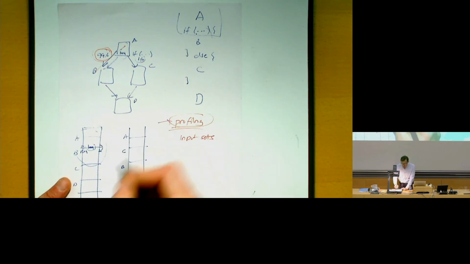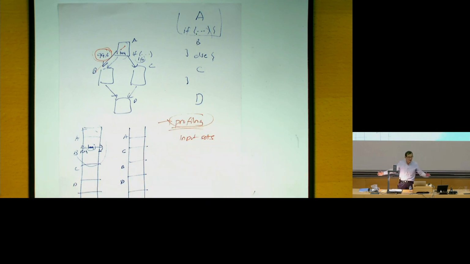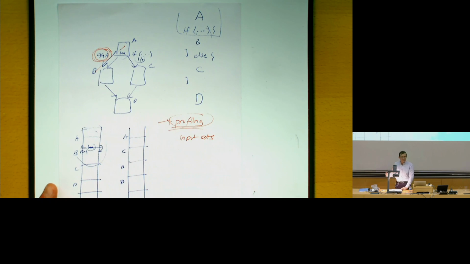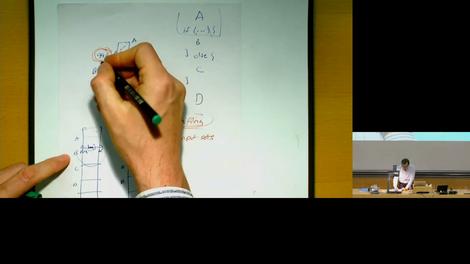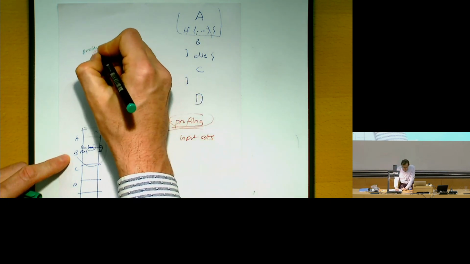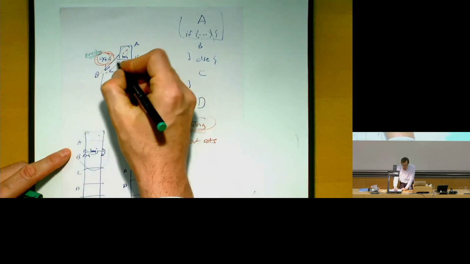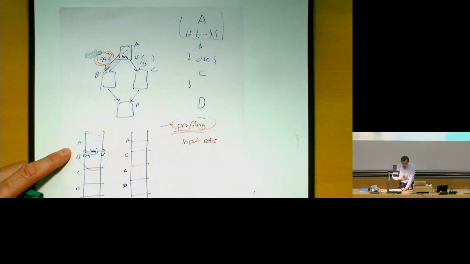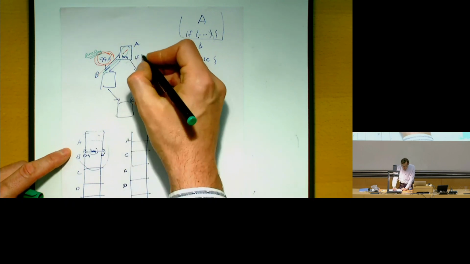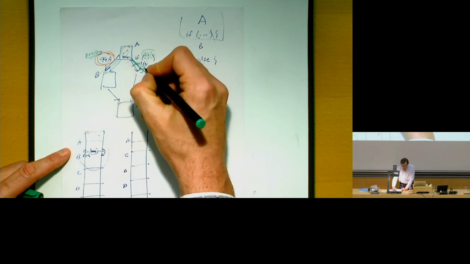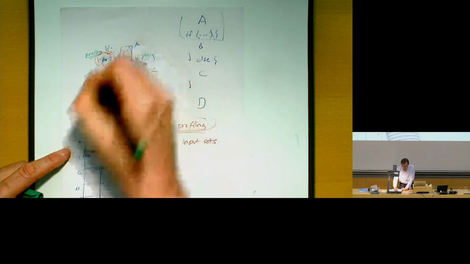Of course, this is an issue, right? After you run the program, you may figure out that this is 99%, but when the actual input set comes, the branch may go the other way most of the time. The profiling can say, okay, according to all of the runs that I've seen, 99% of the time A goes to B this way. But when you really run the program, it turns out 99% of the time this other transition gets exercised, and this becomes 1%.